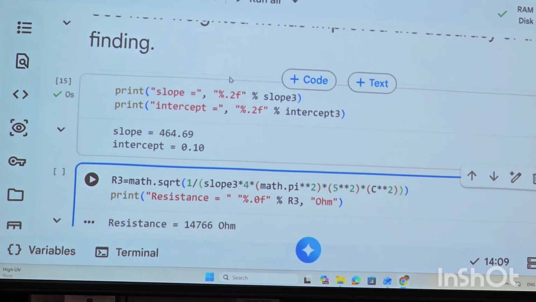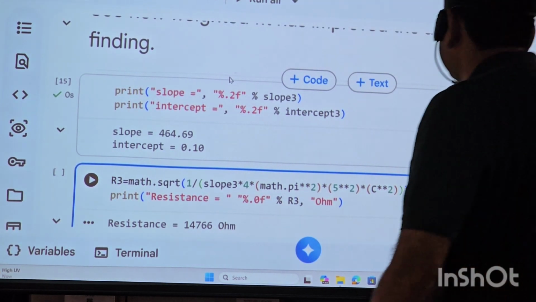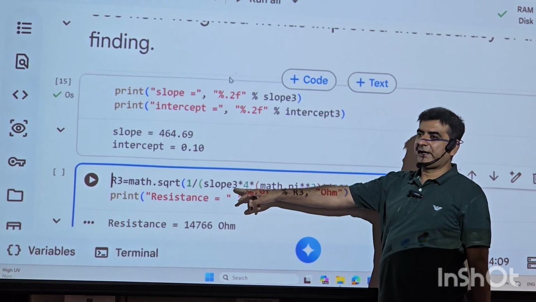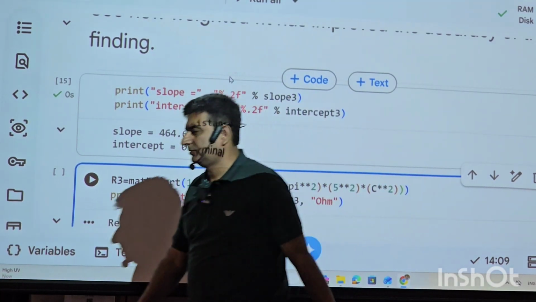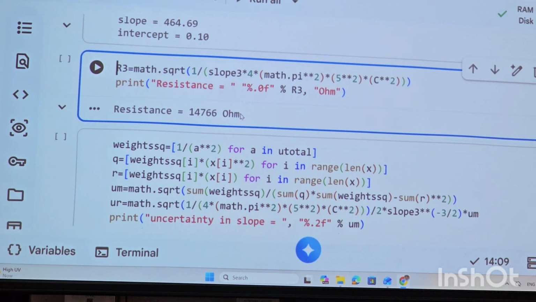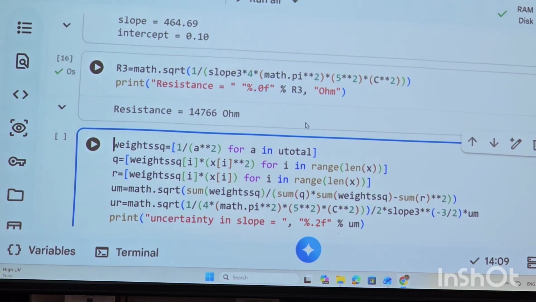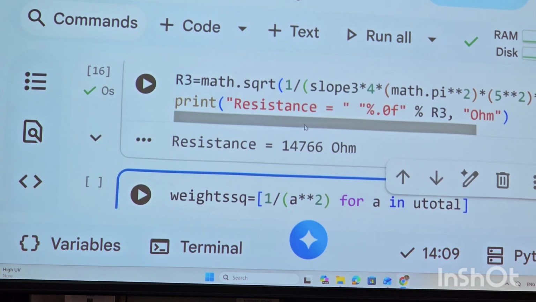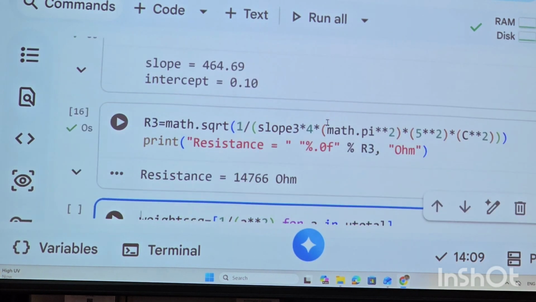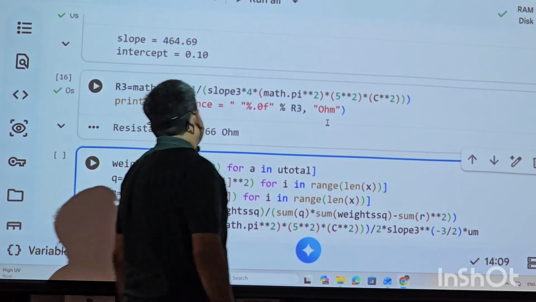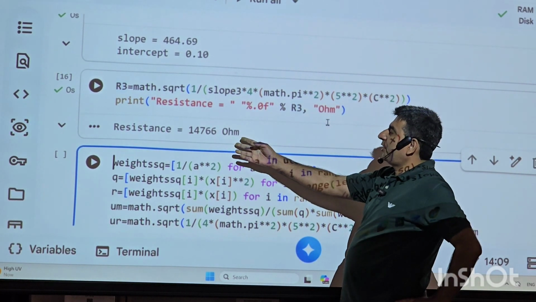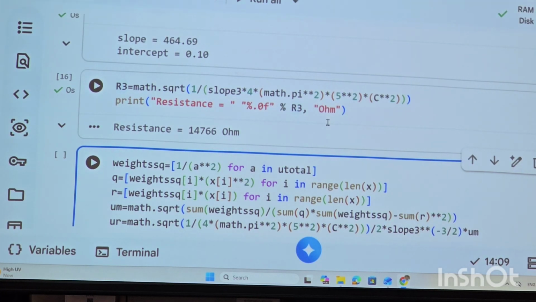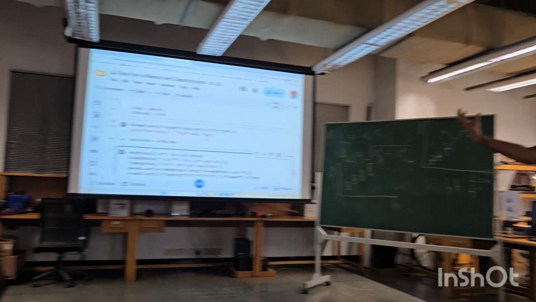And from this slope, if you were to determine the resistance, the same formula, but instead of using the old slope, I now use the new slope. The resistance is now 14.8 kilo ohms. My estimate for the resistance is now different.